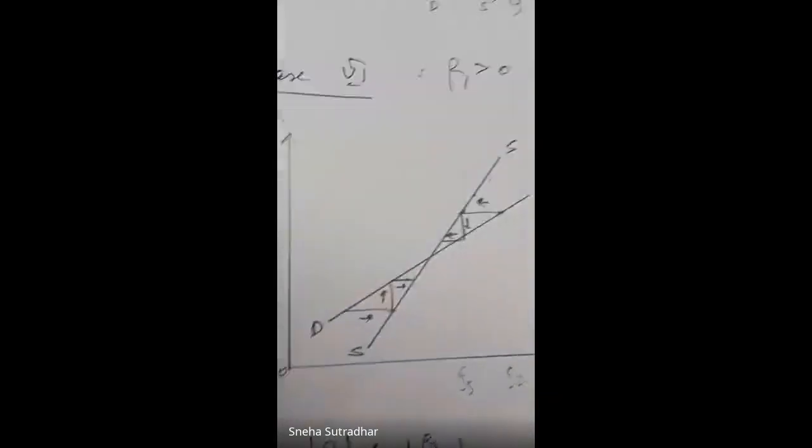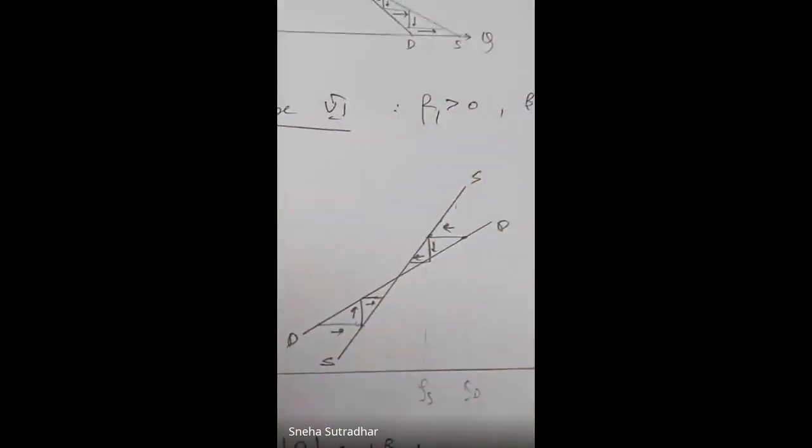Next, Sneha, roll number 2. Have you drawn the diagram, number 6? Sneha, would you please present it? Yes, ma'am. Ma'am, this is number 6.